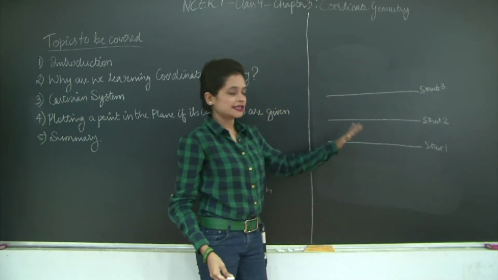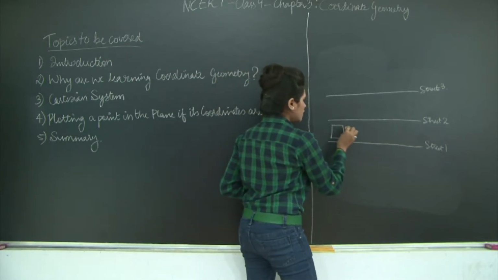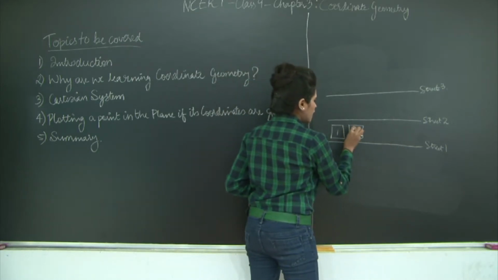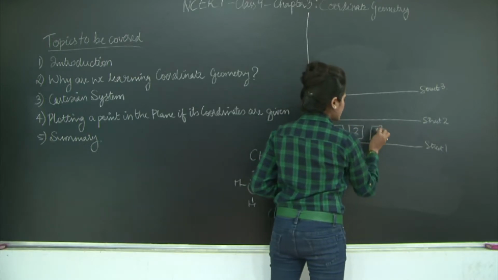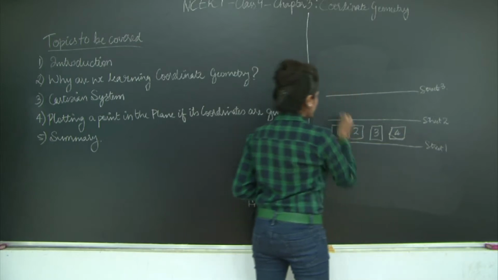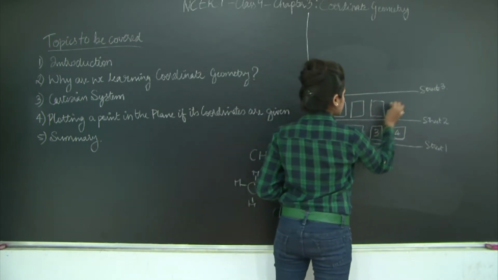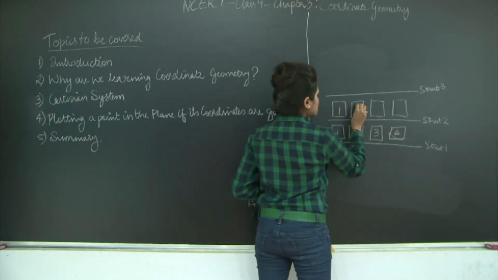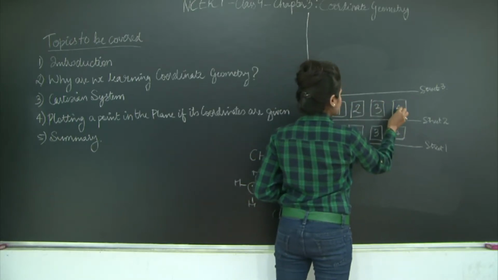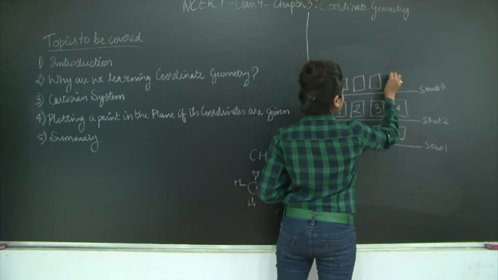Now in each of these 3 streets you have 4 houses. So this is my house number 1, house number 2, house number 3 and house number 4. Again you have 4 houses here with the same names 1, 2, 3 and 4. Again 4 houses here 1, 2, 3 and 4.